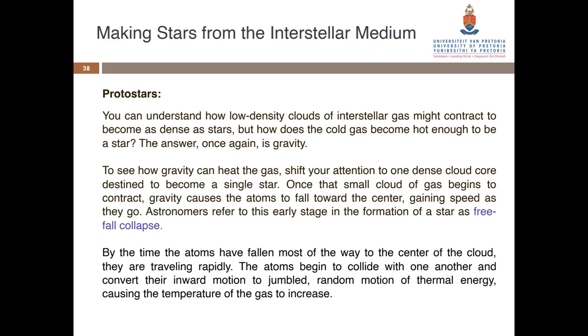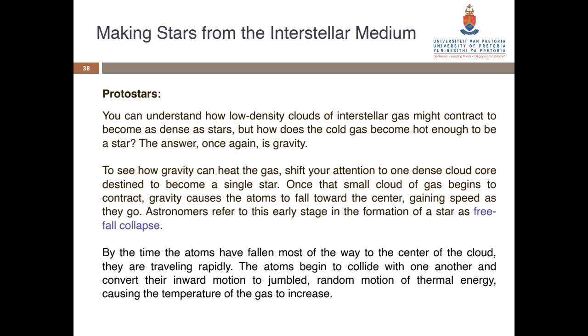To see how gravity can heat a gas, shift your attention to one dense cloud core destined to become a single star. Once that small cloud of gas begins to contract, gravity causes the atoms to fall towards the center, gaining speed as they go.